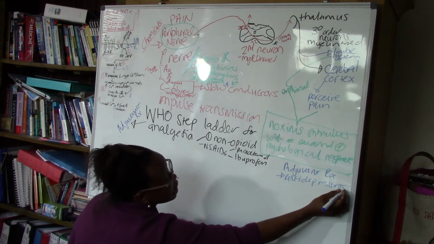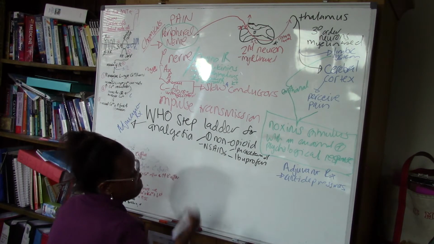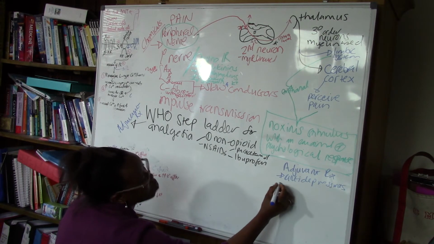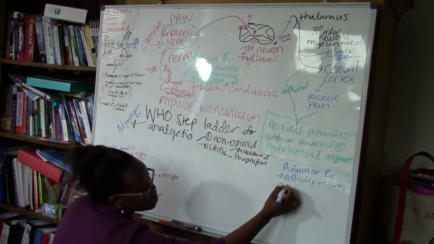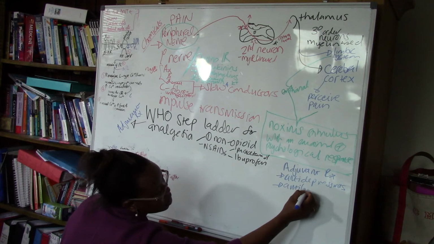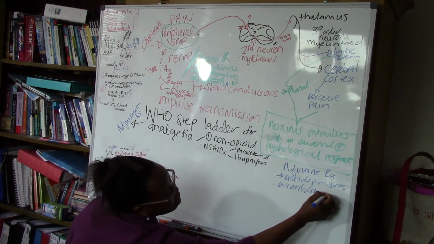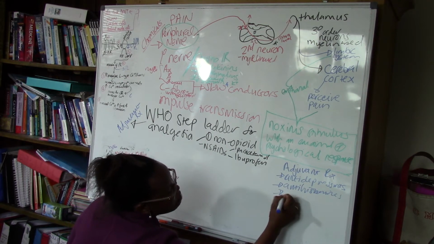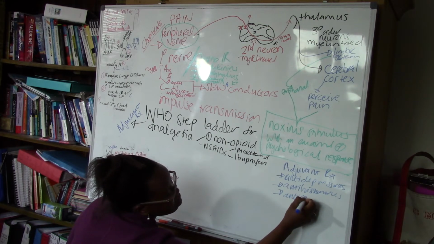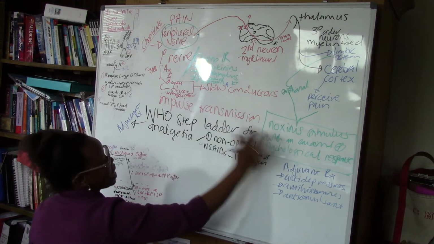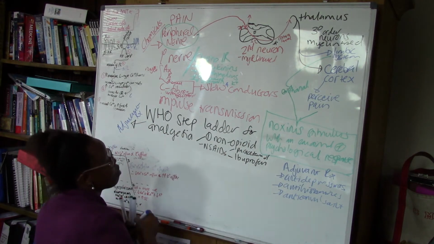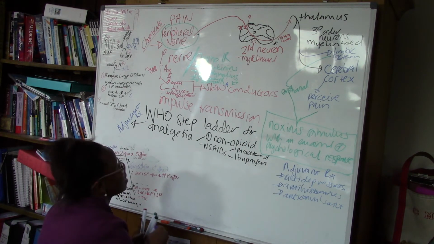So we can give antidepressants, also antihistamines as well, and anticonvulsants, all during any stage of the analgesia step ladder.